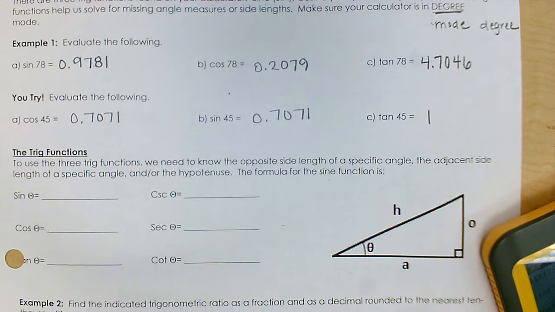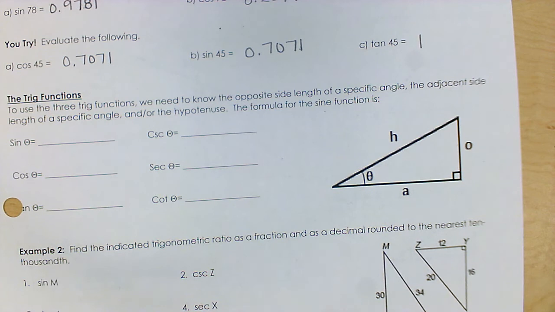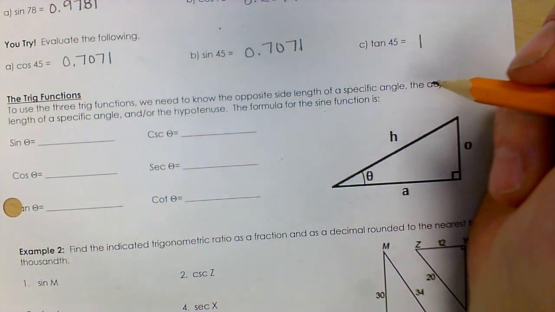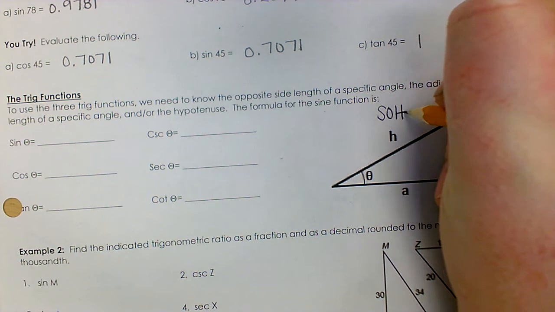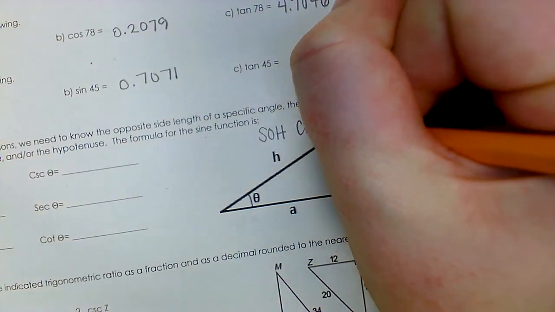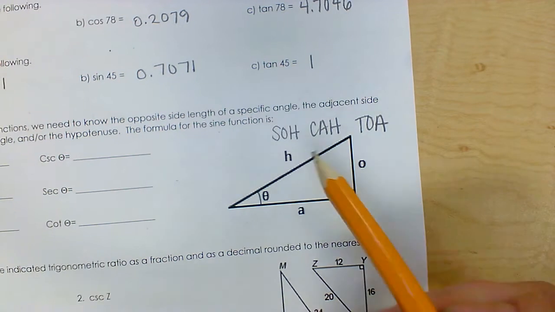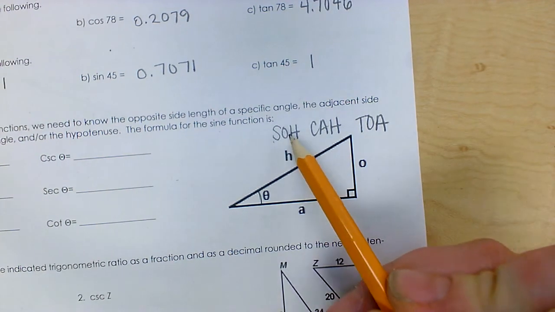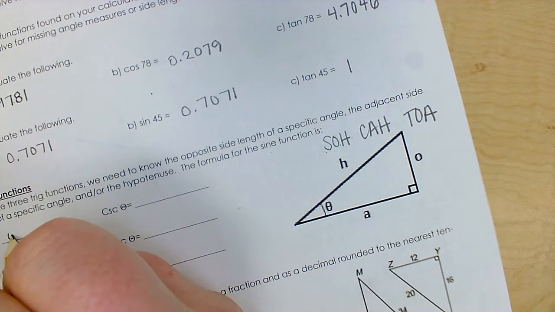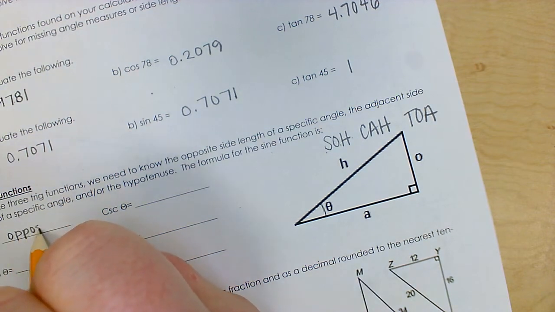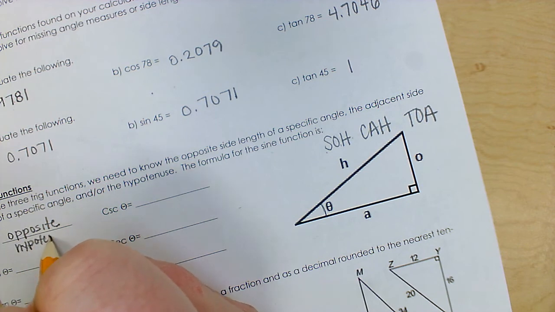Okay. So now let's talk about what these functions mean. You might remember that back in Math 2 we talked about SOHCAHTOA. If you don't remember what that means, sine is opposite over hypotenuse. So sine of theta, which is your angle measure, equals opposite over hypotenuse.